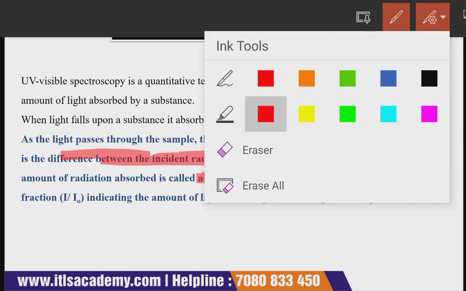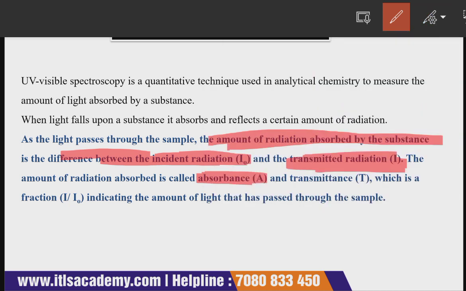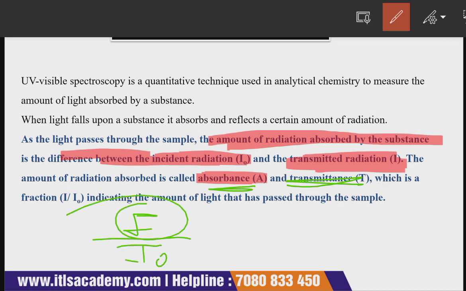Which is transmitted is known as transmittance, the fraction I by I0, where I is the transmitted radiation, whereas I0 is the incident radiation.